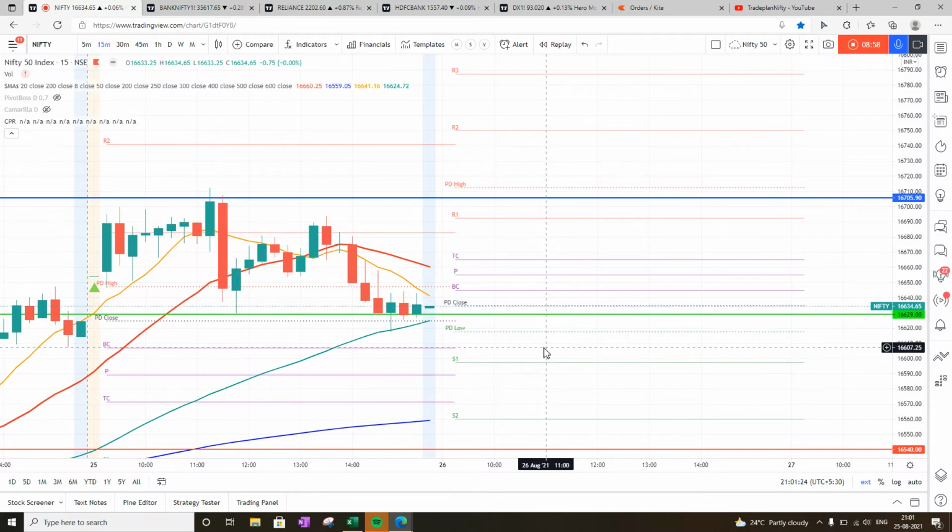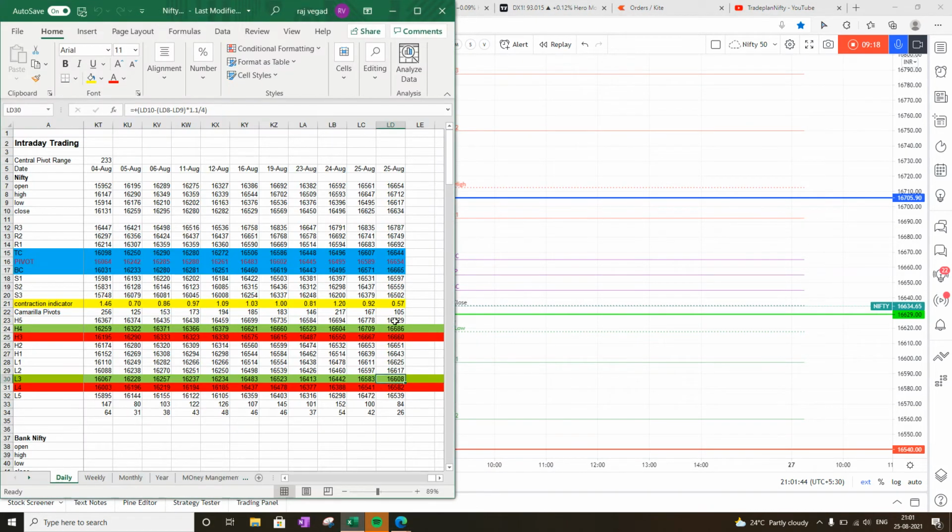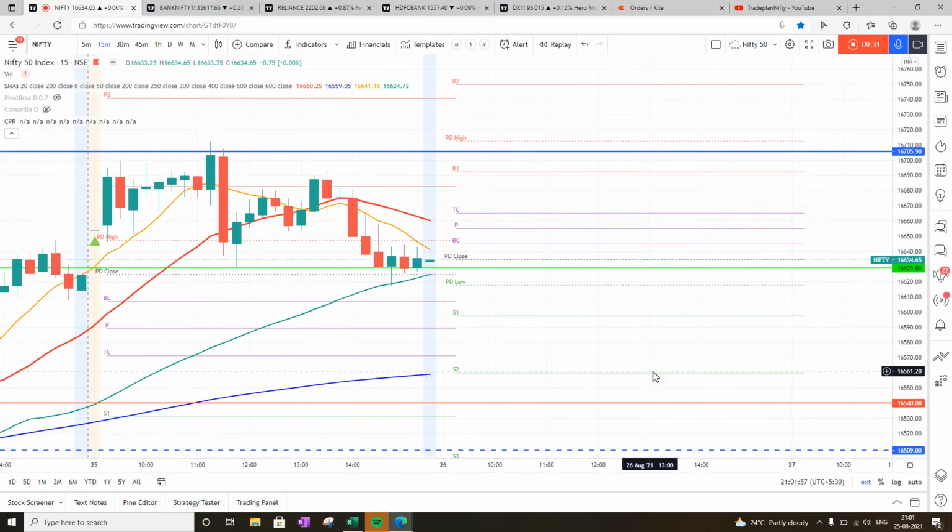In that case, for intraday purposes only, it will be sell on rise either at 16660, which is H3, or at H4, which is at 16686, with a stop loss of 16720, for a target of 16560 or 16540.